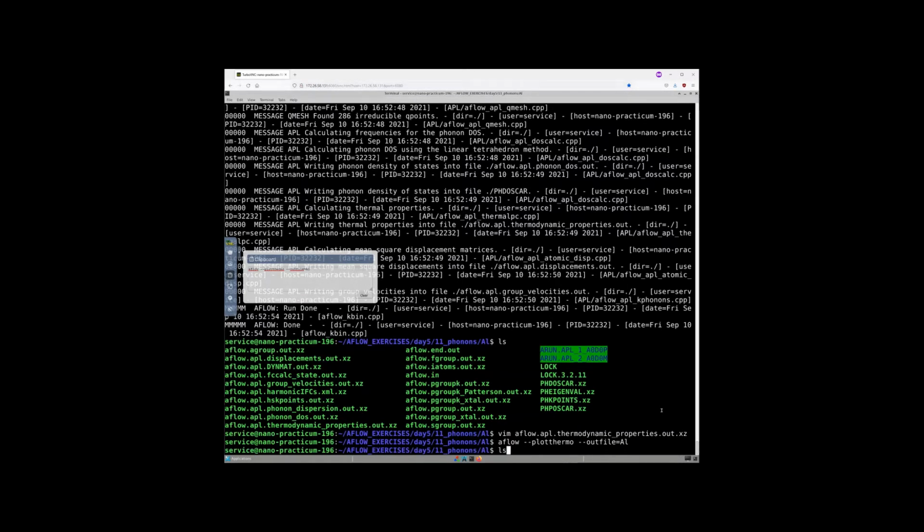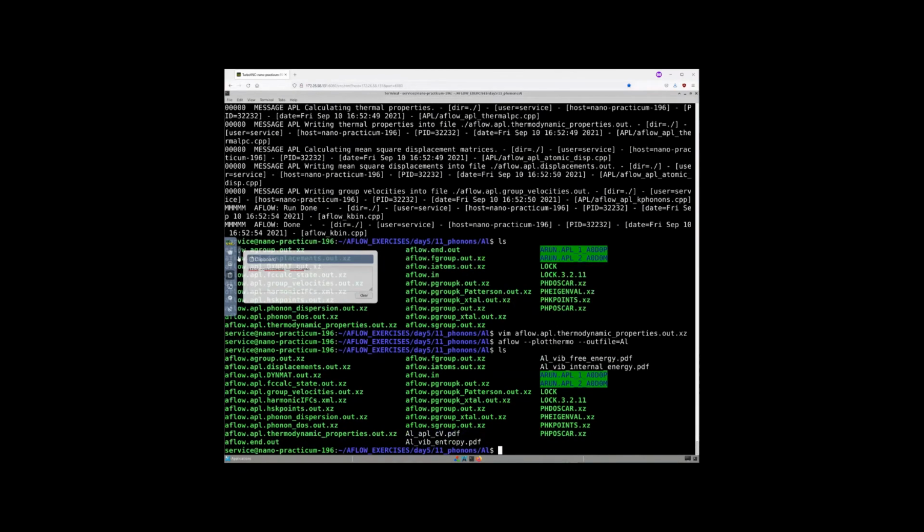What this does is it adds a few plots here, a few PDF files, APL, CV for the isochoral heat capacity, entropy, free energy, and internal energy. And as you can see, aluminum here is just the prefix for that.